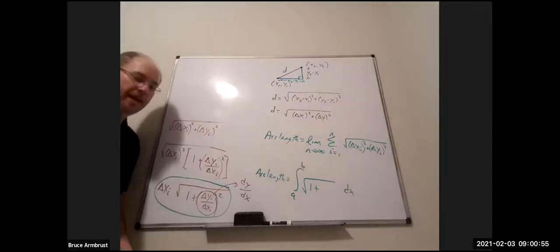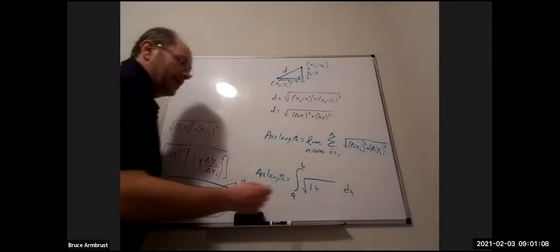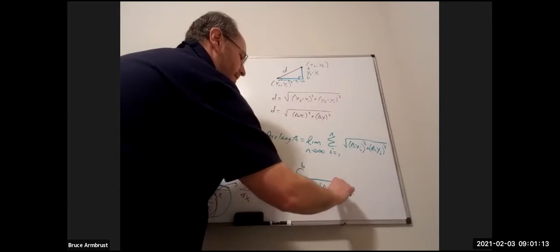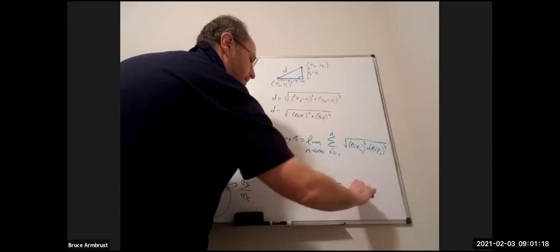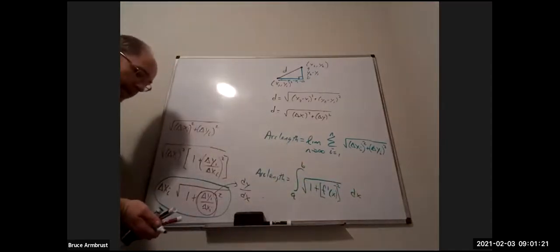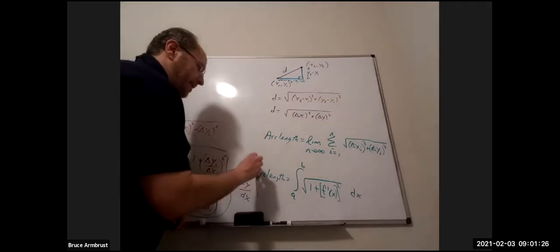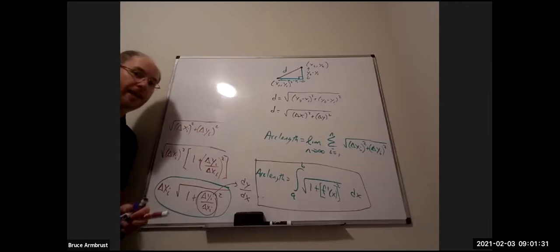And what's that also known as? Where have you seen dy dx before? The derivative of a function. Yeah, it's just the derivative of the function. So what we're going to have here is f prime of x squared. All right, and that's the one you definitely want to box because, my friends, there is the formula. That is how we find arc length.